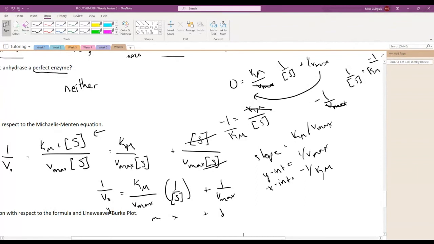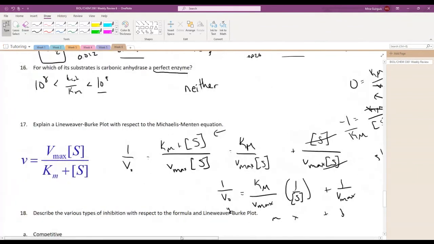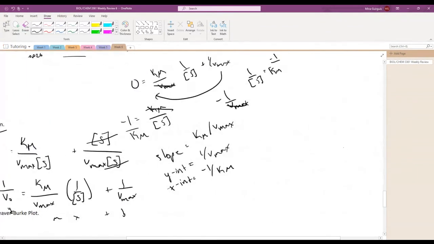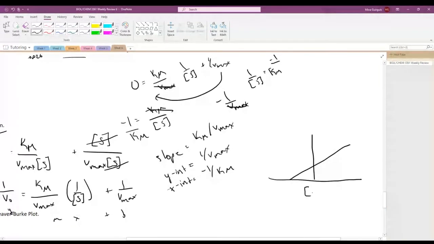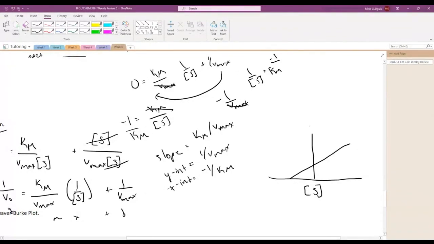So generally speaking, I'll do it over here. The graph for the Lineweaver-Burk plot will look something like that, okay? With your X being your 1 over substrate concentration and your Y being 1 over V, your rate, okay?